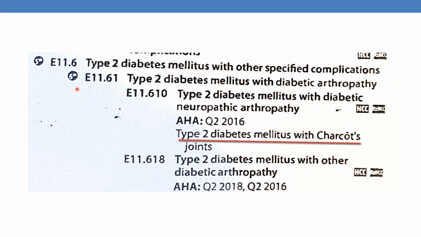Here you can see the sixth character is mentioned, which indicates that this code is incomplete and the sixth character is necessary to complete the above code. E11.610 is the complete code for type 2 diabetes mellitus with diabetic neuropathic arthropathy, or type 2 diabetes mellitus with Charcot's joint. So the correct code is E11.610.